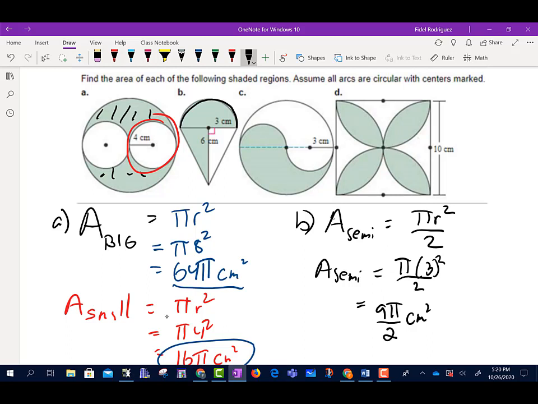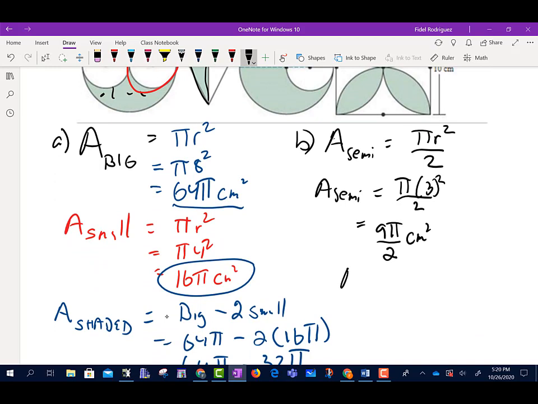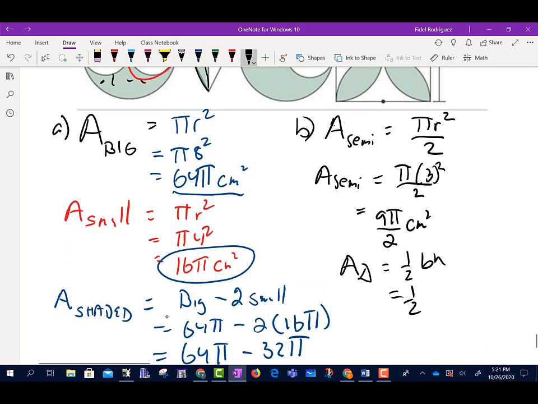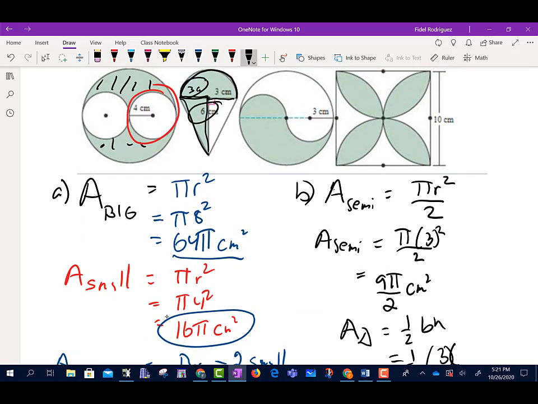Now, we know that this distance from here to here is 3, so this one here is also going to be 3 centimeters. So we can find the area of that triangle. The area of the triangle is going to be 1/2 the base times the height. So 1/2, the base in this case is the 3, times the height, which is the 6.